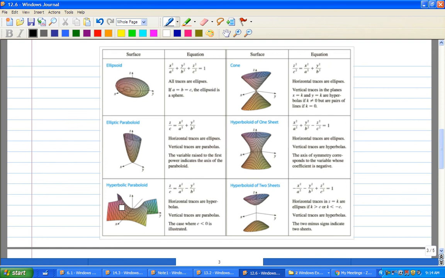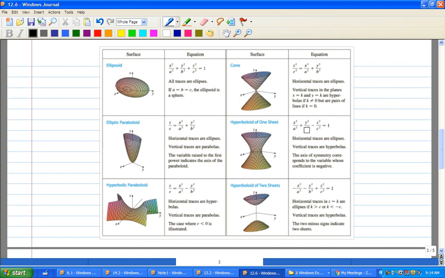Vertical traces are parabolas. So this way is a parabola, here are hyperbolas. If c is less than 0, it looks like this. And if c is greater than 0, it looks like this. So it just goes in the other direction.